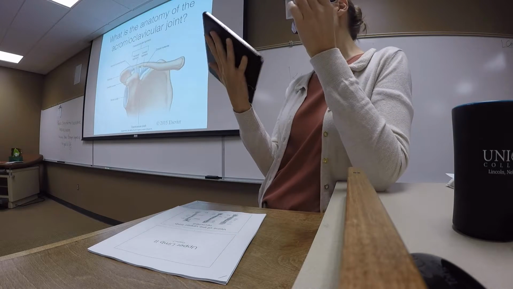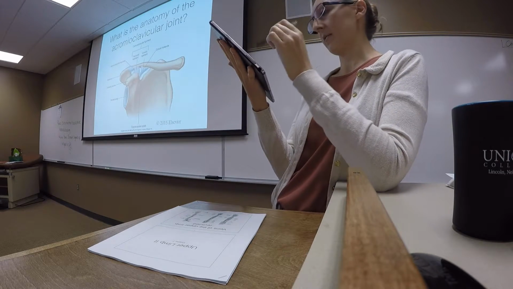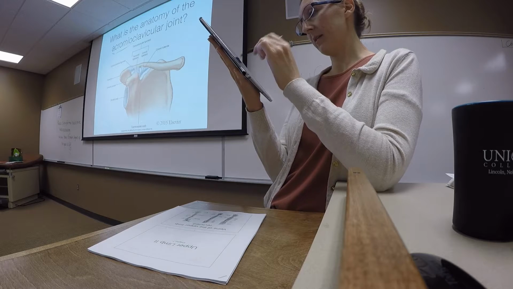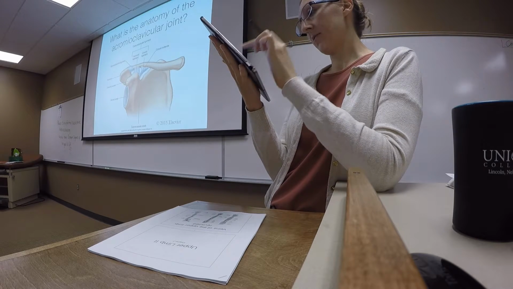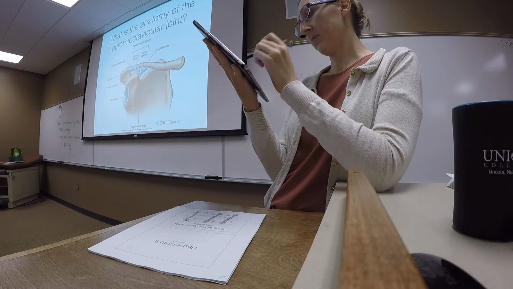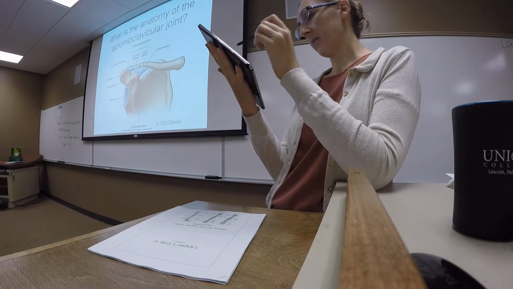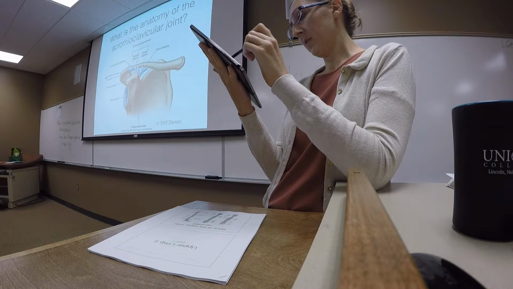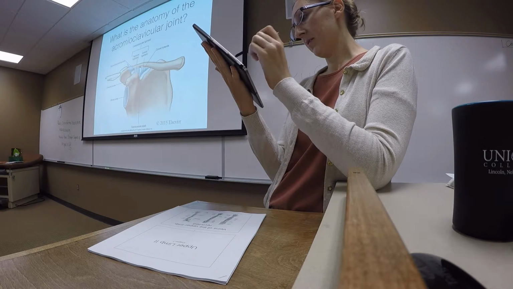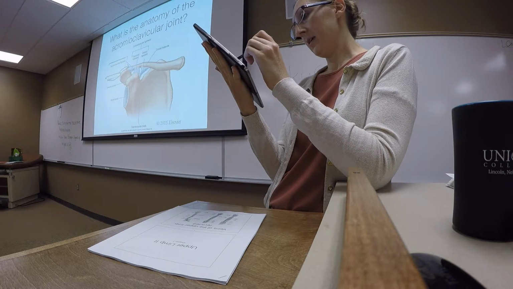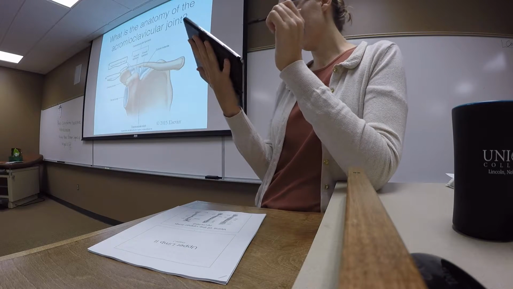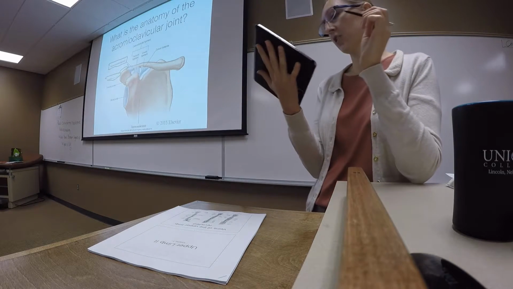Okay, acromioclavicular joint. Again, the joint between the acromion and the clavicle. This is where the coracoid process, the conoid tubercle, and the trapezoid line come into play. Here's the acromion coming up here. Between the acromion and the clavicle is the acromioclavicular ligament.